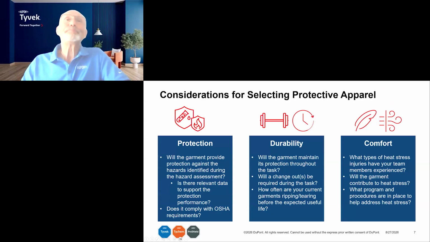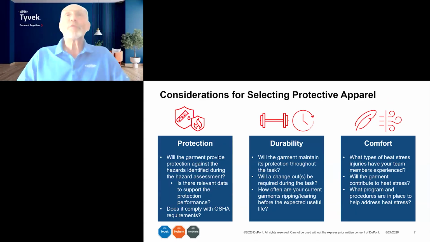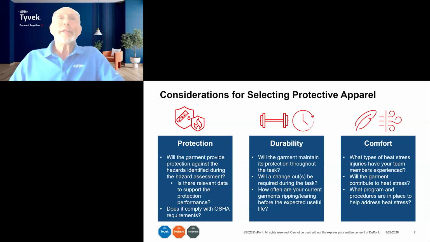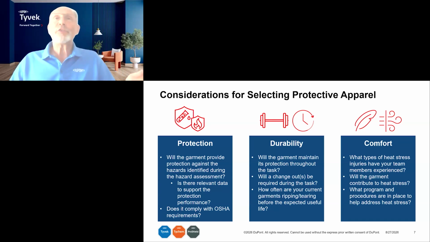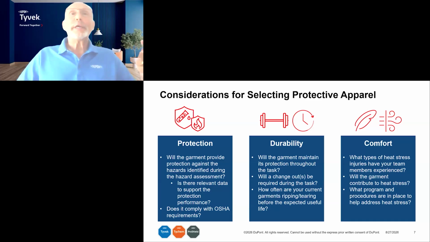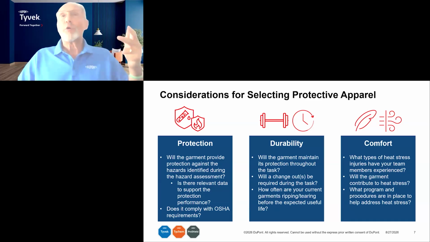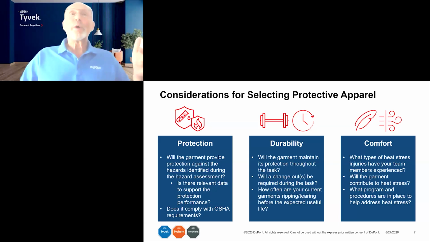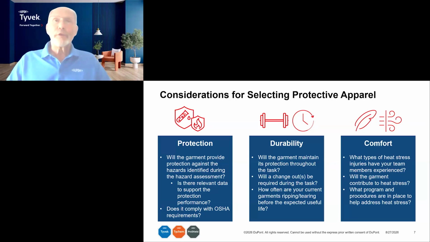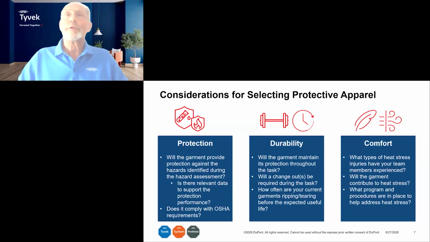Next slide, please. So when we talk about selecting protective apparel, we like to think about three key considerations: protection, durability, and comfort. And we also need to think of these considerations as a hierarchy. So consequently, protection is the first, again, because it's the most important.